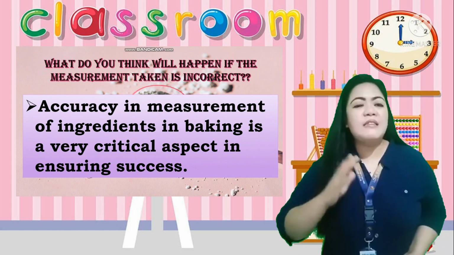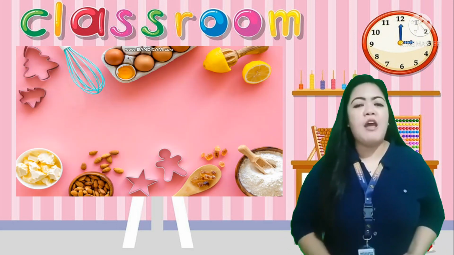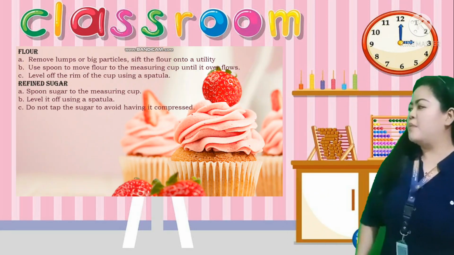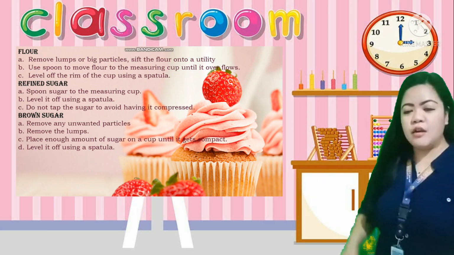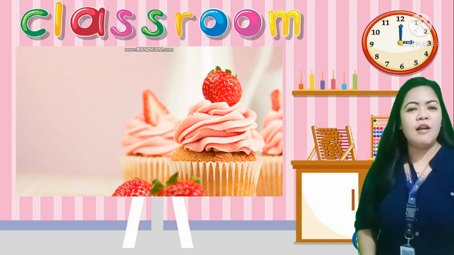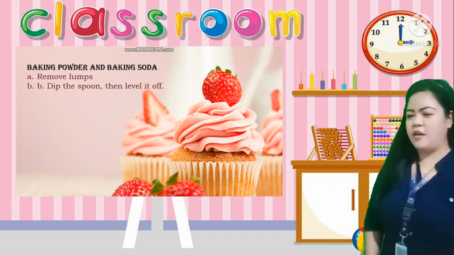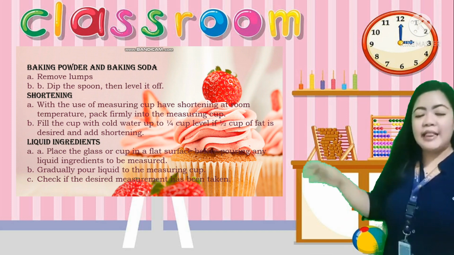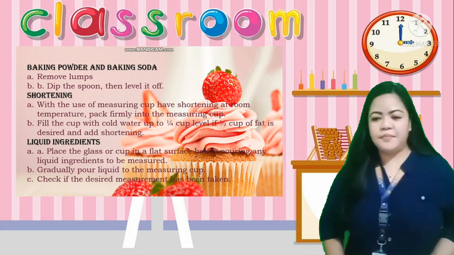Okay, let me discuss with you the proper way of measuring ingredients. The first is flour, refined sugar, brown sugar, confectioner sugar, baking powder, baking soda, shortening, and liquid ingredients.